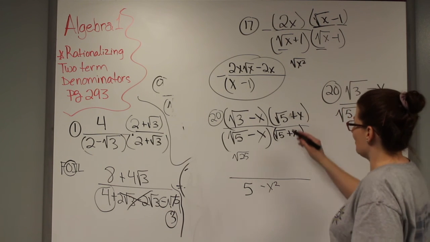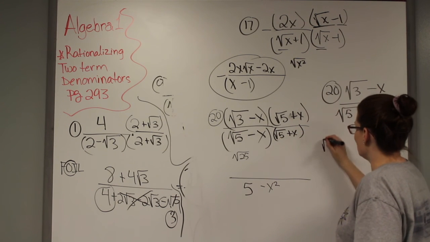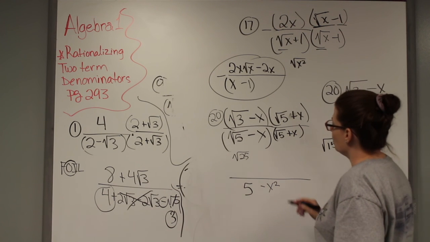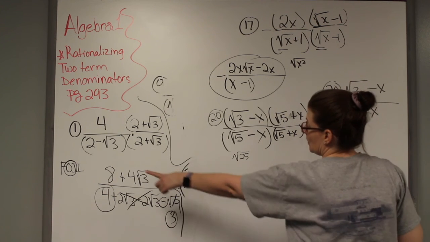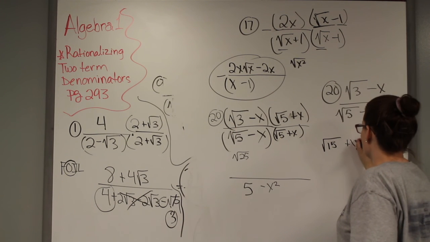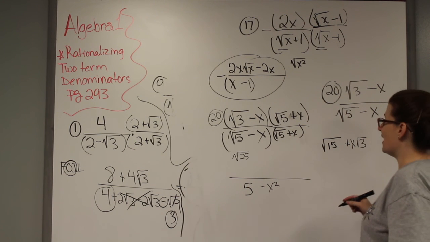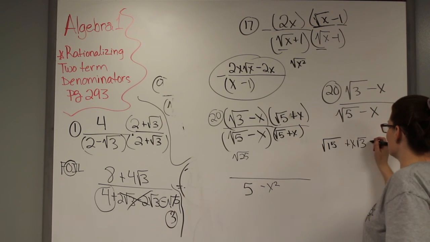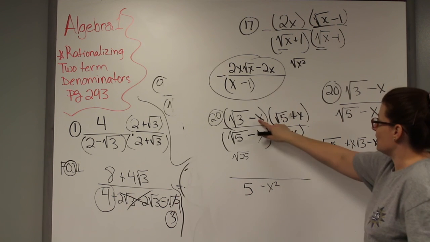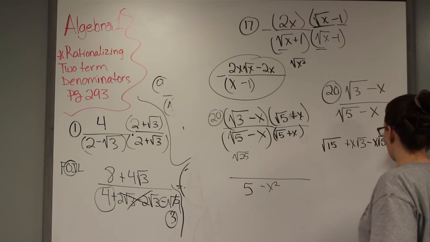The top is a complete FOIL problem. So radical 3 times radical 5 makes radical 15. Outside would be radical 3 times x. So that is a positive x radical 3. On the inside would be negative x times radical 5, which is negative x radical 5. And on the last would be negative x times positive x, which is negative x squared.